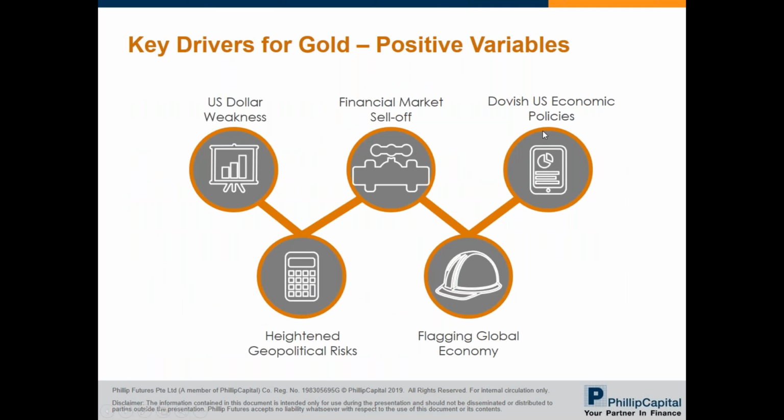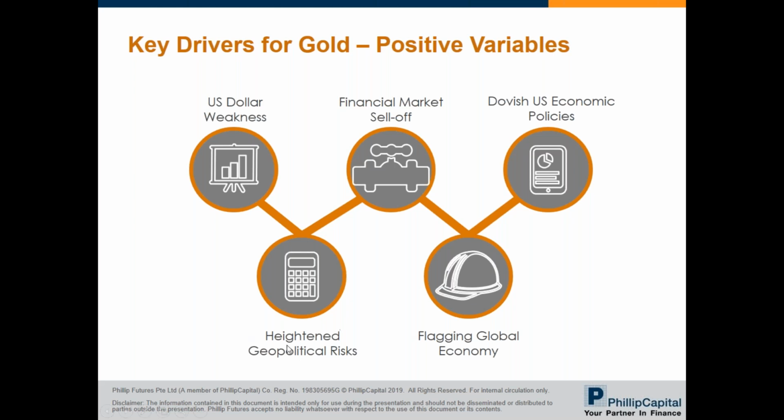Okay, so maybe just to share for some of our listeners who might want to know, what are some of the key drivers for gold? What are the positive variables? So one, of course, if these 5 factors transpire, this will be extremely bullish for gold. First is US dollar weakness. If it transpires, as I said earlier on, gold is denominated in USD. This is likely to bolster prices.